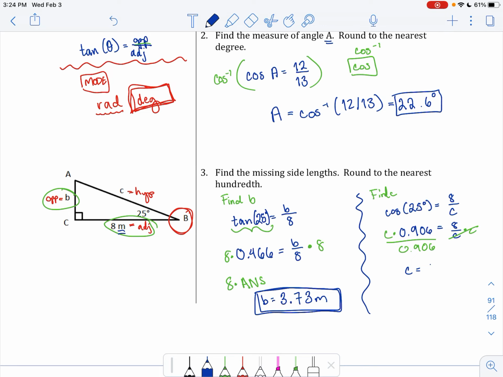So then C is equal to 8 divided by the cosine of 25. This might be how I type it in so that I don't have to worry about rounding at all. And that tells me that C is equal to 8.827, which means I'm going to round up to 8.83, again, meters.